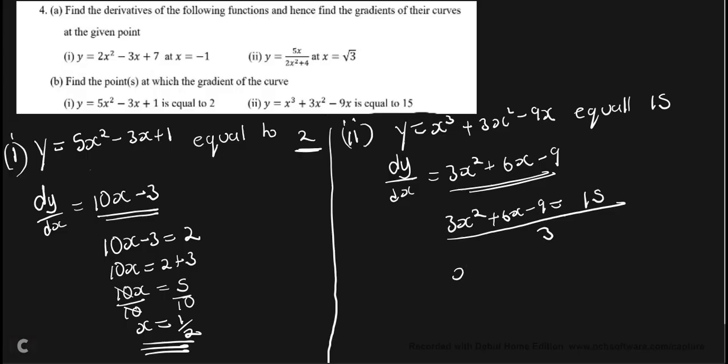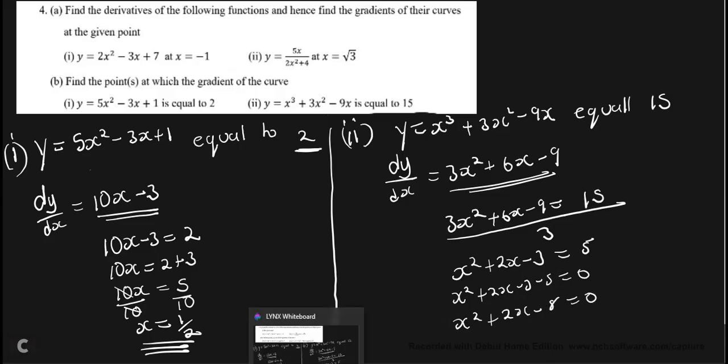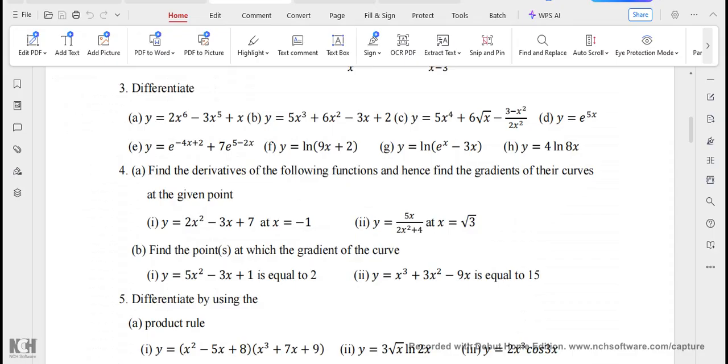You just divide that by 3, which gives x squared plus 2x minus 3 equal to 5, such that your answer is x squared plus 2x minus 3 minus 5 equal to 0. Then the function will be x squared plus 2x minus 8 equal to 0. That is the function, right?